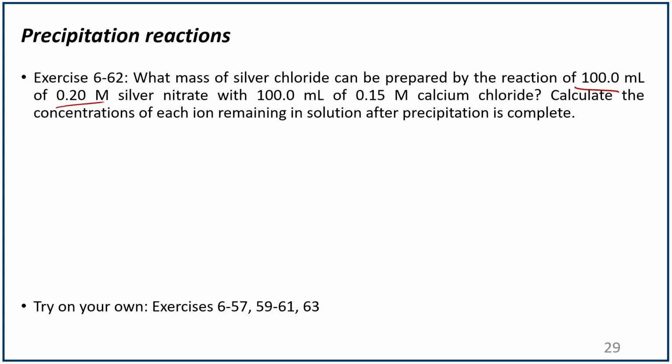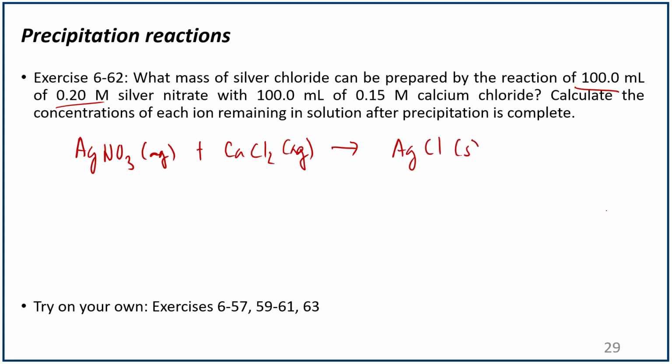So the balanced equation should be silver nitrate, that's the formula for silver nitrate, plus calcium chloride, aqueous, which will give you silver chloride solid, that's not going to be soluble in water, and then calcium nitrate. I have to say this is actually one of the ways to solve this problem.